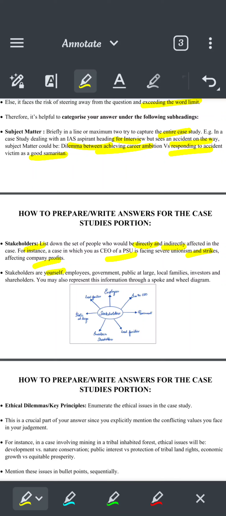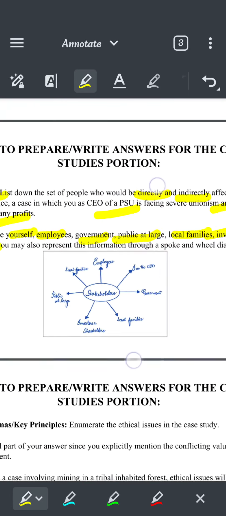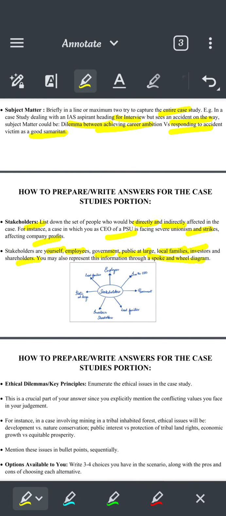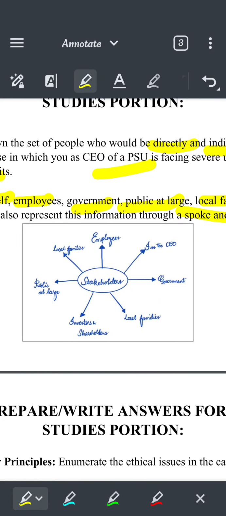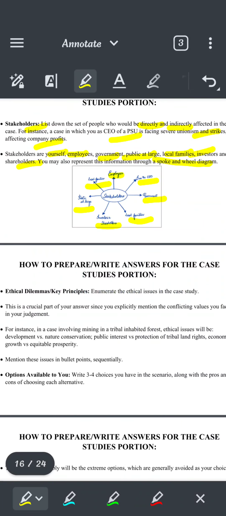Stakeholders are yourself, employees, government, public at large, local families, investors and shareholders. You may also represent this information through a spoke and wheel diagram. In this manner, the stakeholders are the employees, I as the CEO, government, local families, investors and shareholders, and the public at large.